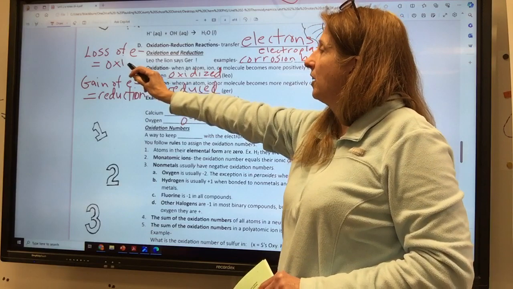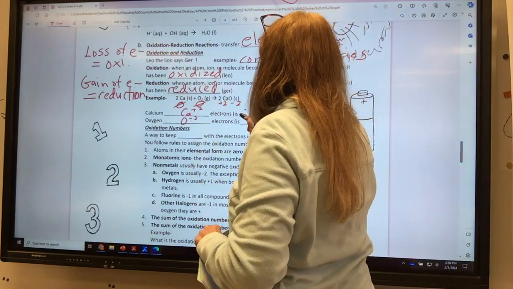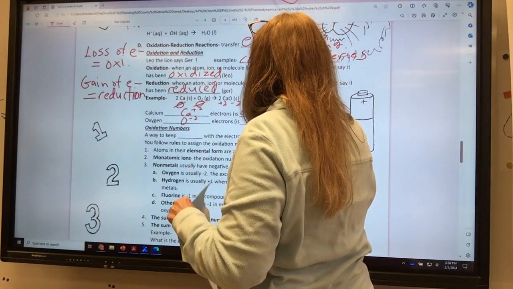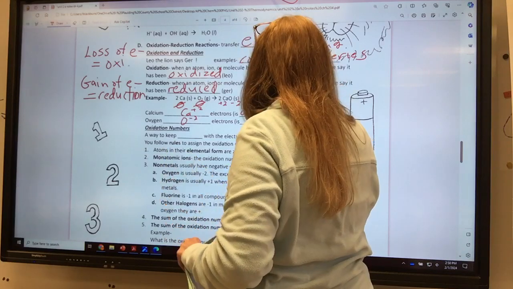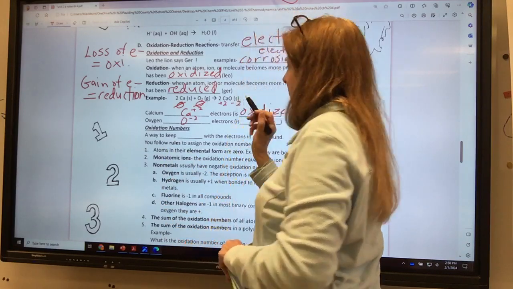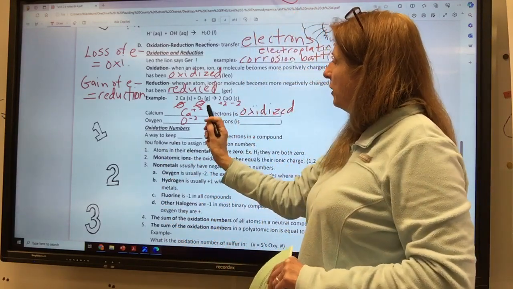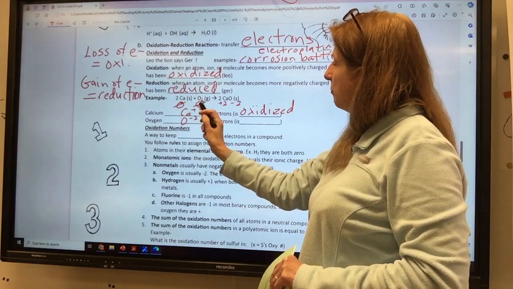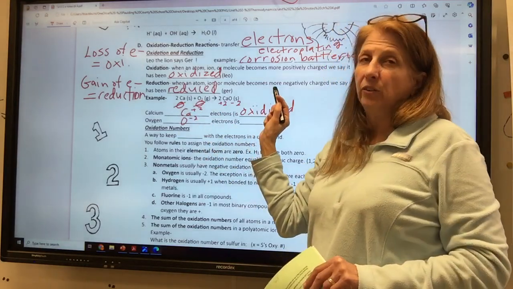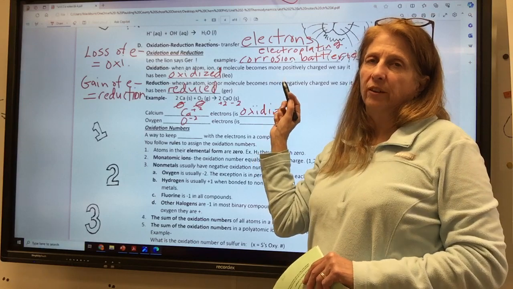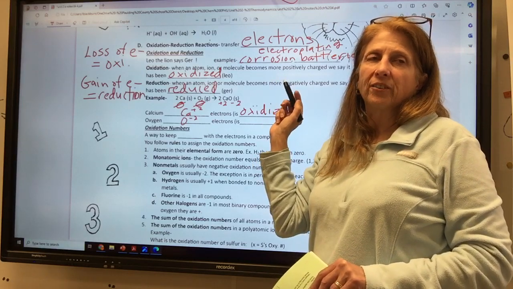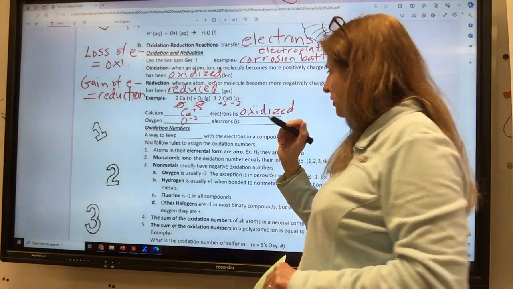The loss of electrons is oxidation. It was oxidized. Isn't it fun learning something new? Okay, now oxygen. It went from neutral to -2. Did it gain or lose electrons? So was it oxidized or reduced? Reduced.